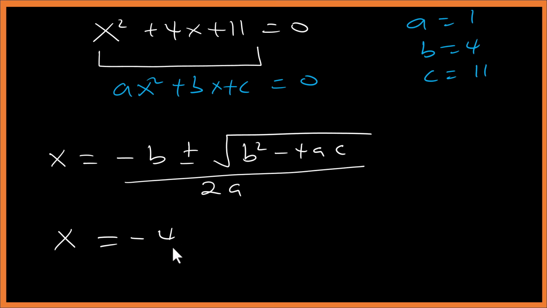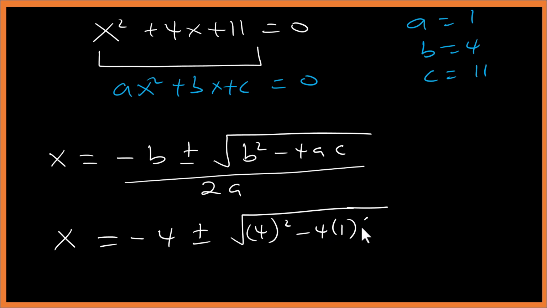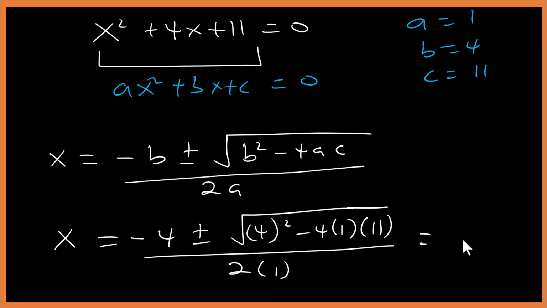Minus 4 plus or minus square root of 4 squared minus 4 times a times c, on 2 times 1. So we have minus 4 plus or minus, 4 squared is 16, minus 44, on 2.